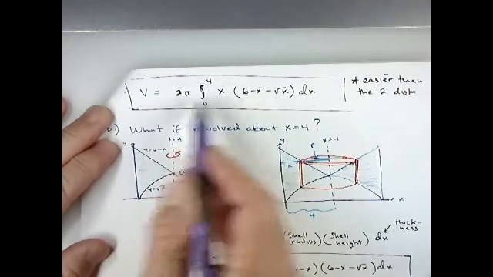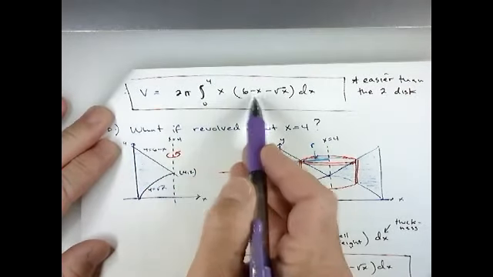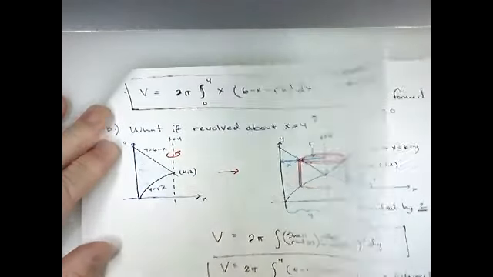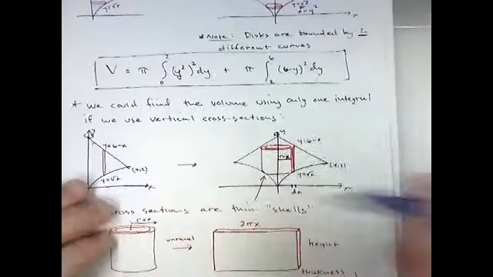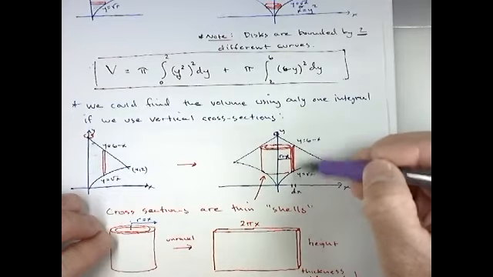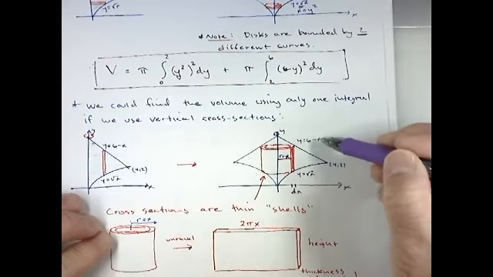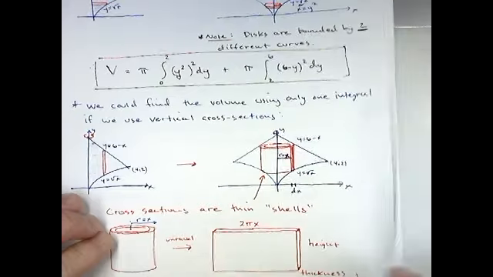Again, for us, our radius was x. The shell height, going back to your picture, just like when you do area, this height right here is top minus bottom, 6 minus x minus root x.